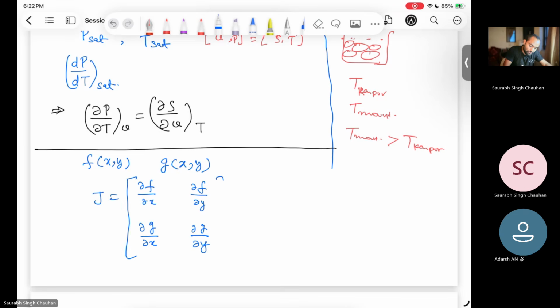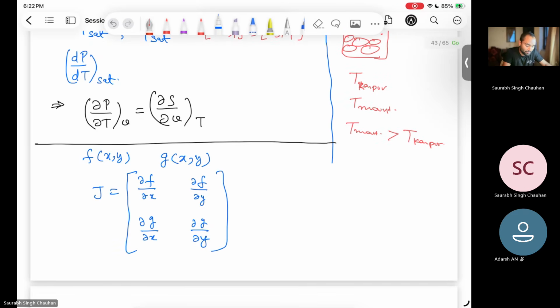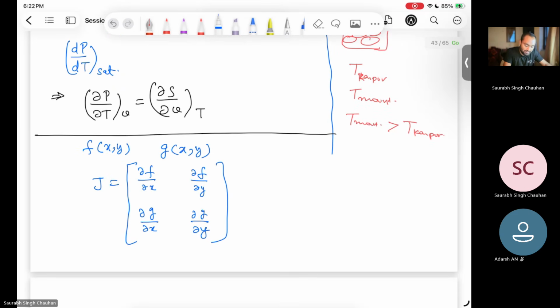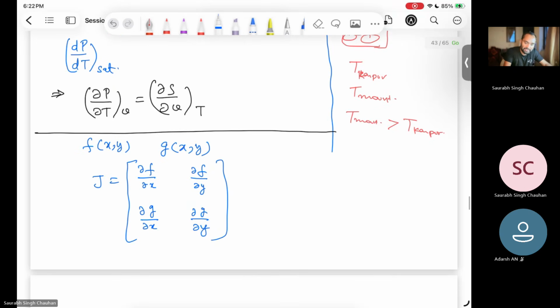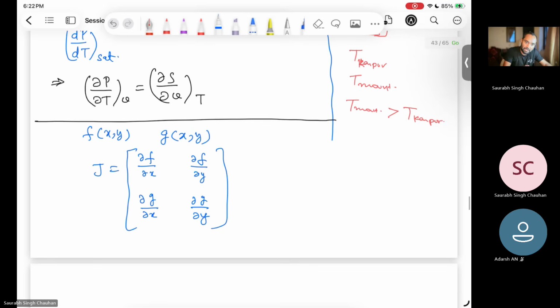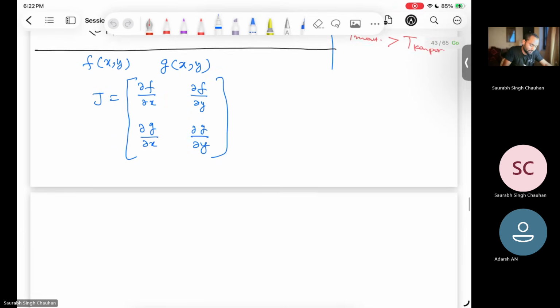I'm assuming that you know the meaning of these partial derivatives, which variable you are keeping constant and with respect to which variable you are differentiating. If you have a doubt in any of those concepts, that can also be discussed here. Do you have any doubt in partial derivatives? No, sir, I'm okay.